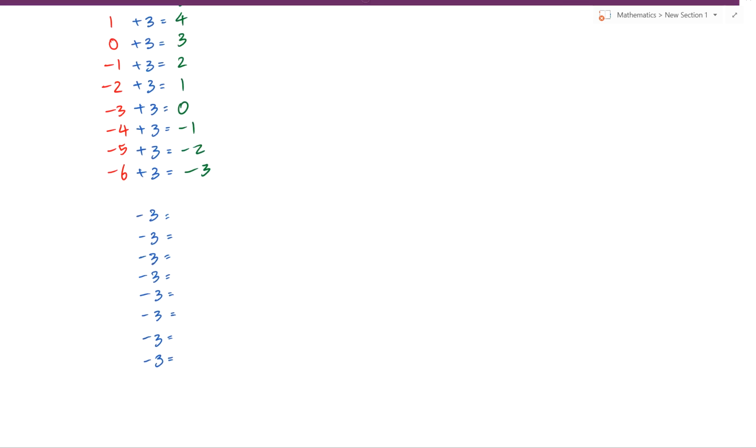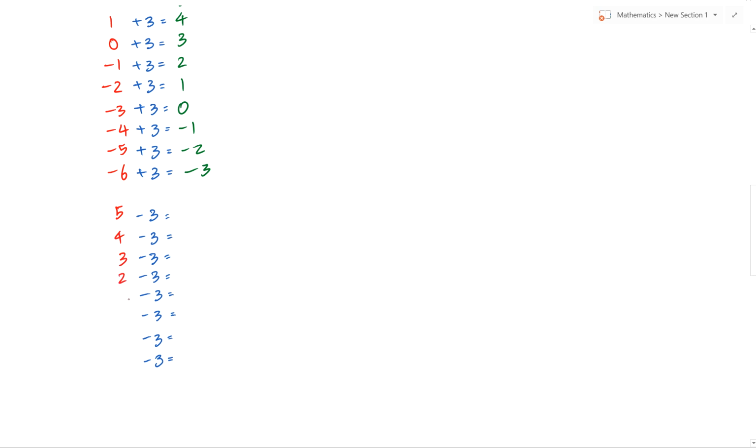The final example. Again, now we'll be subtracting negative numbers from negative numbers, beginning with 5, 4, 3, 2, 1, 0, -1, -2. Go through the number sequence.